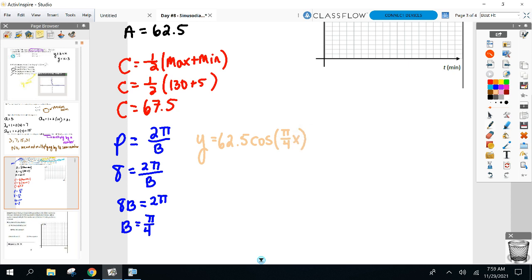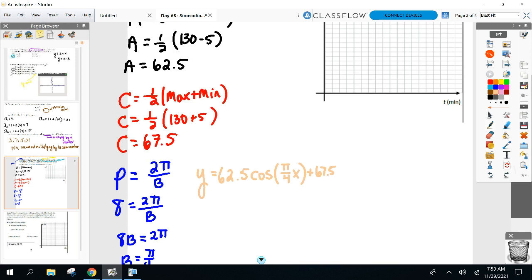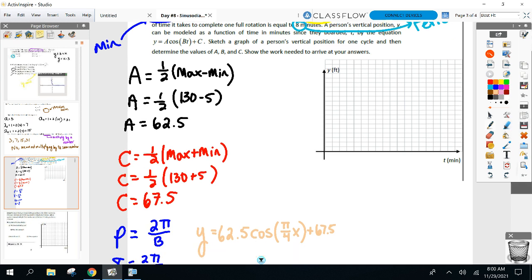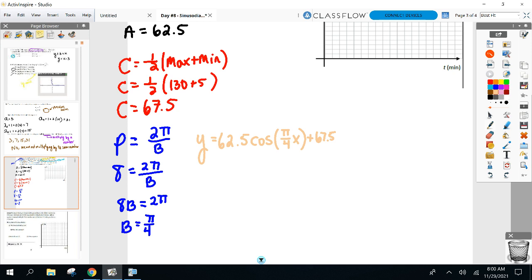And then on the outside, 67 and a half. Yep. That looks pretty nasty, huh? It's incorrect though. You need negative?